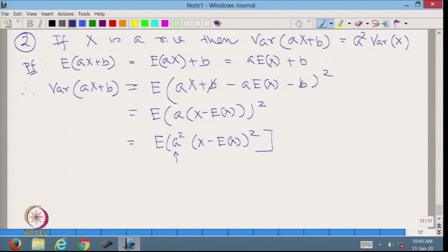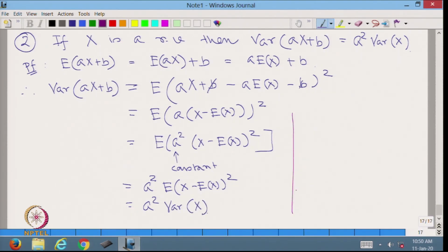Now, since this is a constant, and we know that expectation of a constant times a random variable is constant times expectation of the random variable, we write it as a square into expected value of x minus expectation of x whole square, which is equal to a square into variance of x.